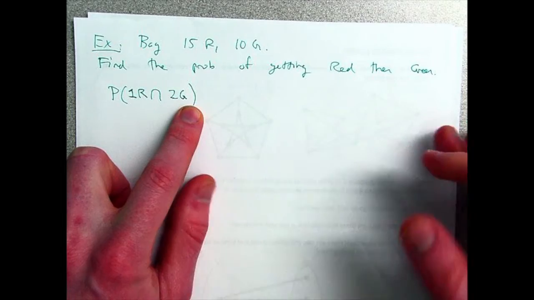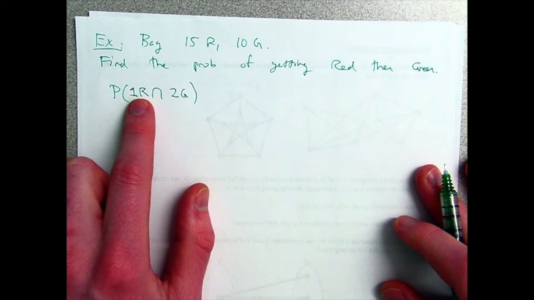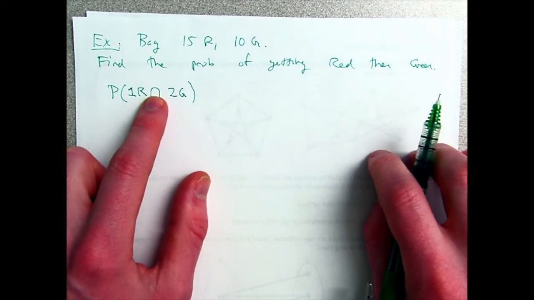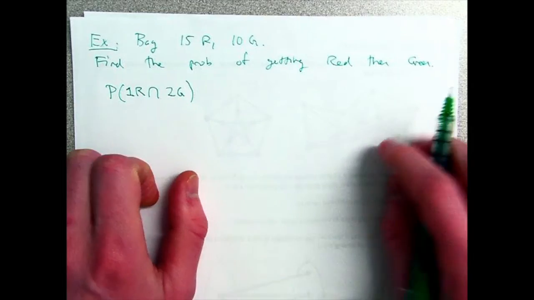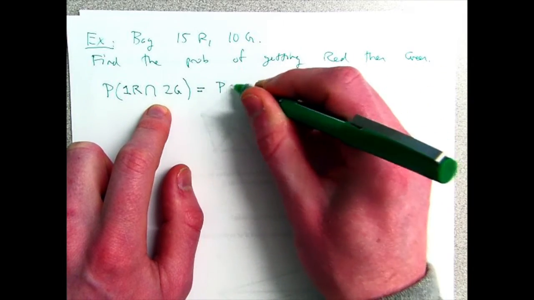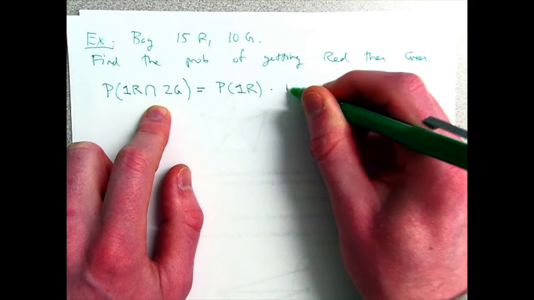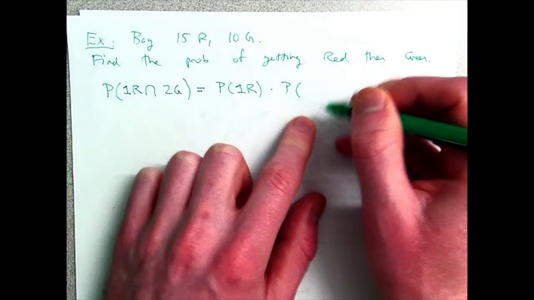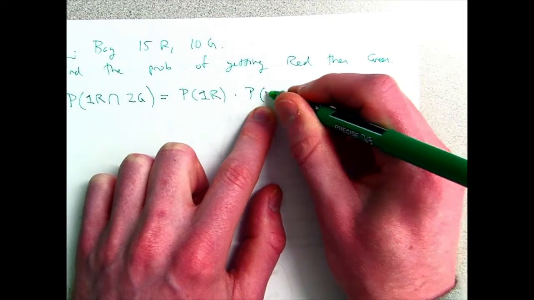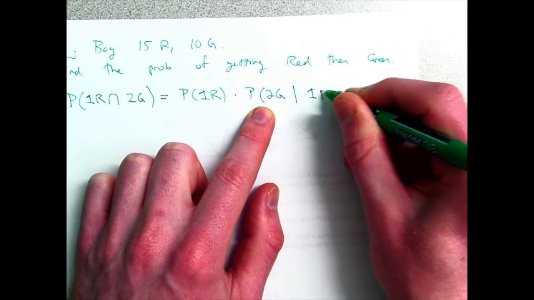Or if you want to emphasize the sequence of things in time, you can say it's the probability of the first marble being red and then the second marble being green. According to our formula, that's just the probability of the first marble being red times the probability of the second marble being green given the fact that the first marble was red.